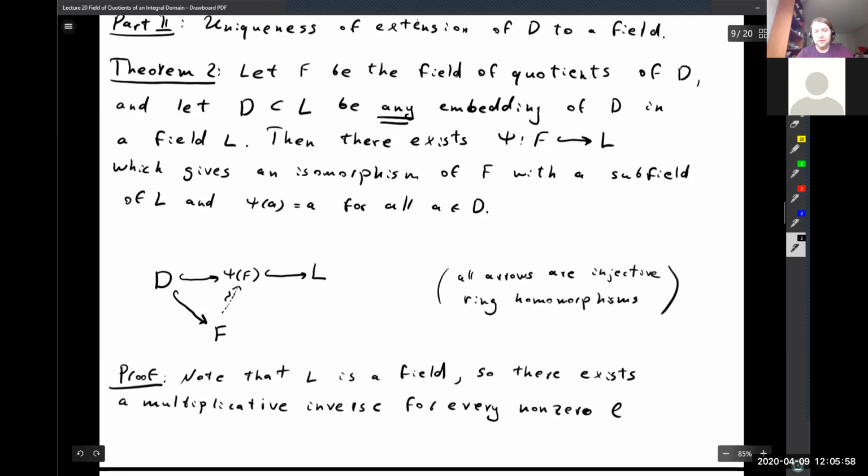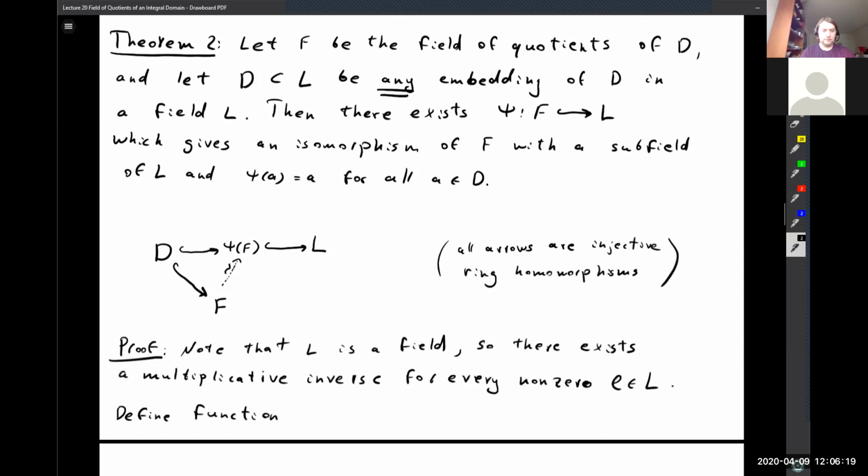Okay, so then what we can do is define a function. Let me start it on the next page.